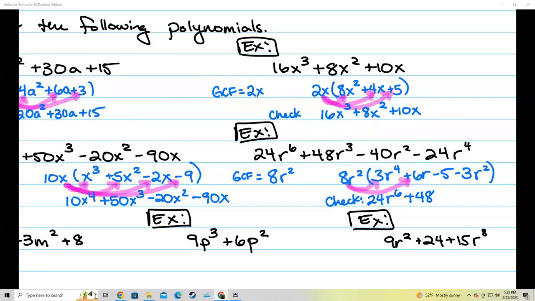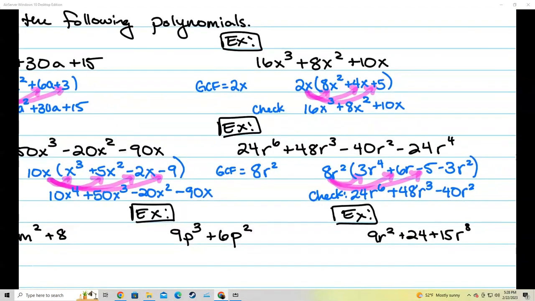And then R squared times R will give me an R cubed. 8 times negative 5 would be negative 40. And because I already have an R squared and there are no more R's, I'm going to be left with an R squared. And then 8 times negative 3 is negative 24. And then the R squared times the R squared will give me an R to the 4th. I'm going to check to make sure that they all match. This matches with this, that with that, this with that, this with that. So it looks like I did do this correctly.